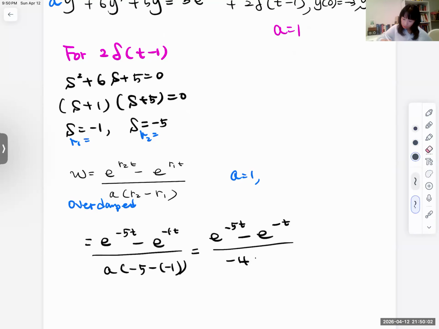So a equal to 1. Negative 4? We get positive or negative? Oh, r sub 1 equal to negative 1, right? Yeah, I did that, negative 1.